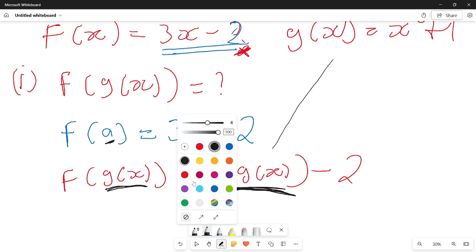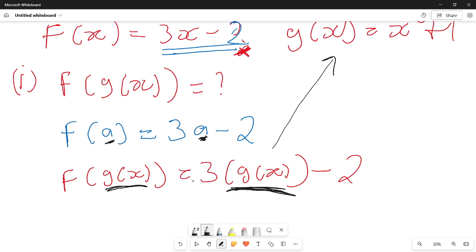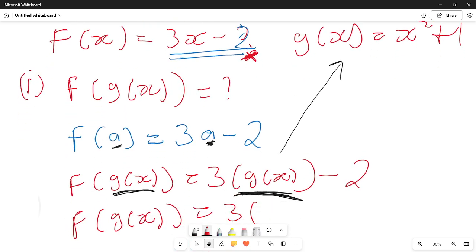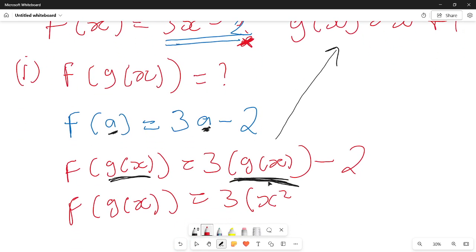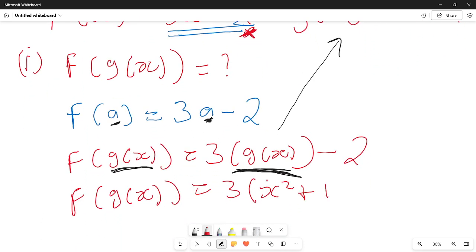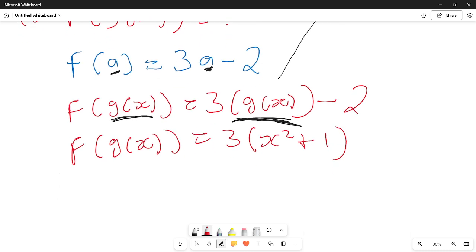So it means f of g of x is going to be defined as 3 multiplied by x squared plus 1. So this will be 3x squared plus 3. So that's f of g of x.